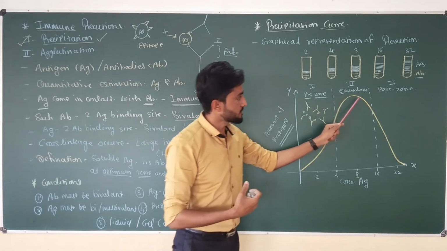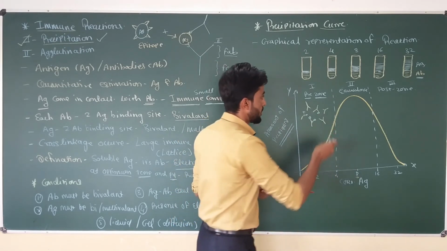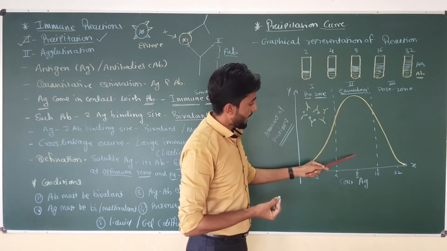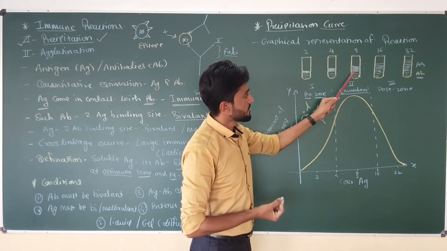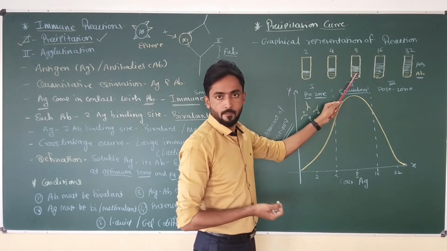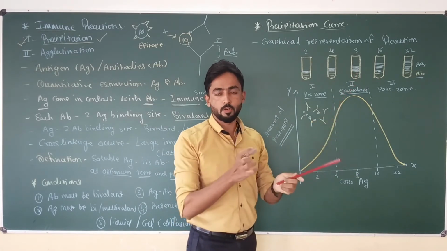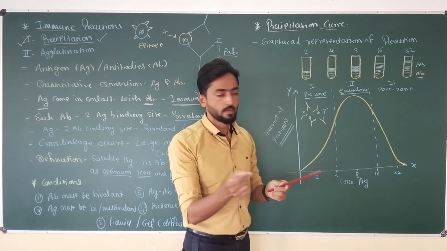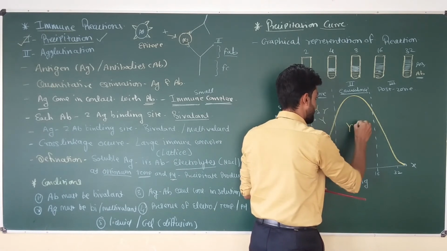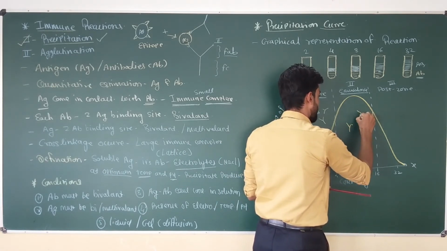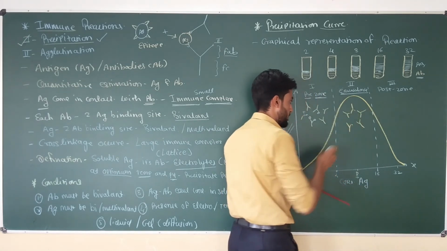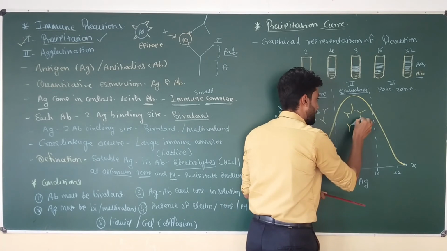Now, in the next zone of the precipitation curve, which is the zone of equivalence, the amount of antigen and antibody is nearly equal in the tube. The antigen and antibody concentrations become optimum, so that all or maximum antibodies get connected with one another with the help of, say, these antigens.